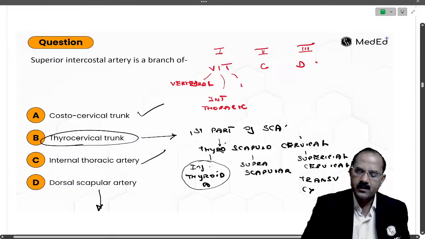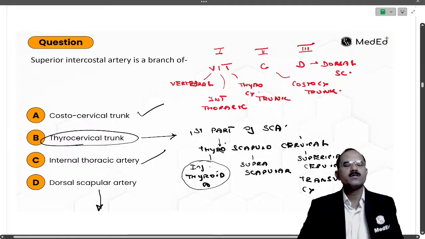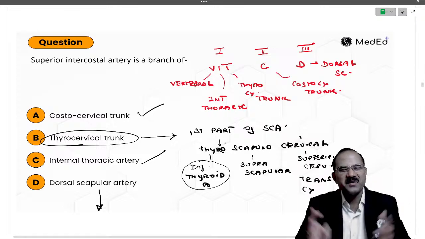T is thyrocervical trunk. C is the costocervical trunk. And D is the dorsal scapular. Perfect. So we finished with the subclavian artery.